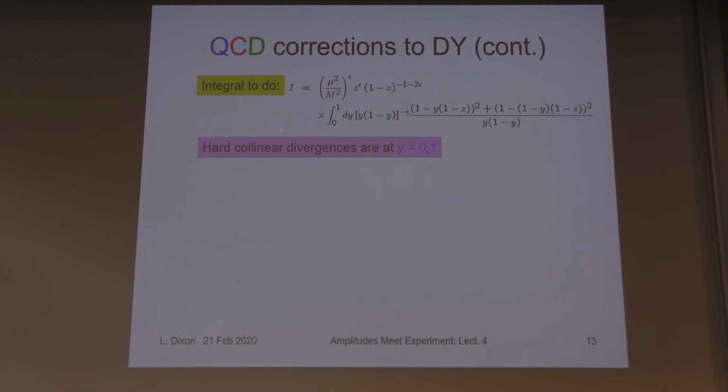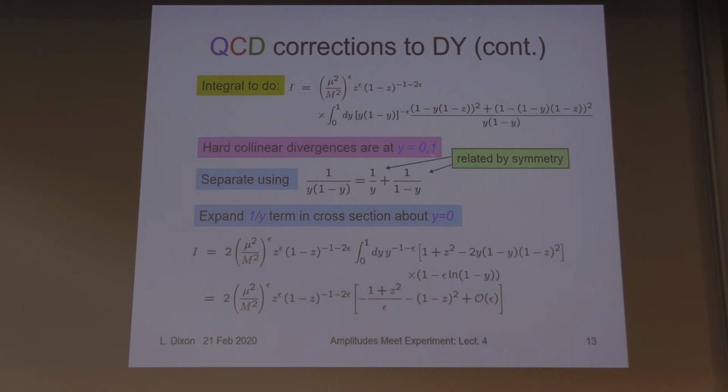So we could call it a hard collinear divergence. It's been separated, as long as z is not equal to 1, from the soft divergence. And when we do the integral, we can separate the two by partial fractions, and they're related by symmetry. So up to a factor of 2, we just need to look at the first term multiplying this numerator.